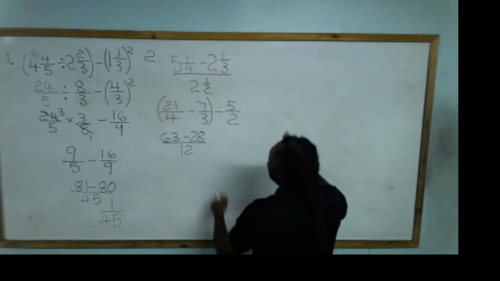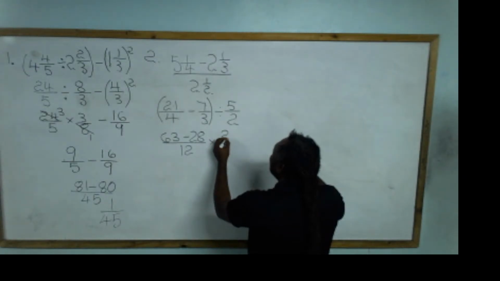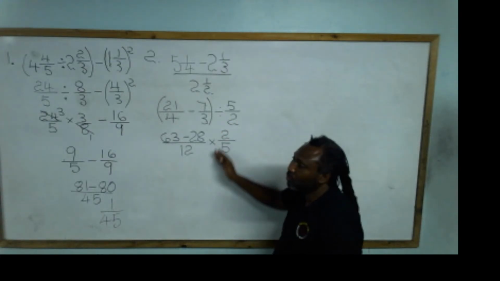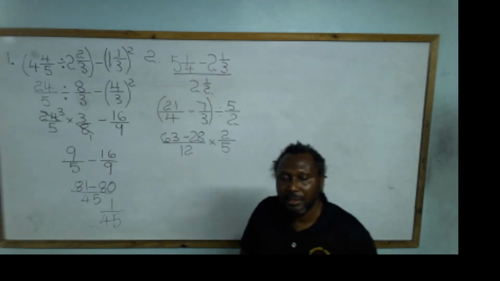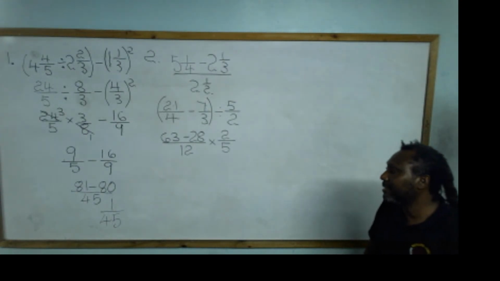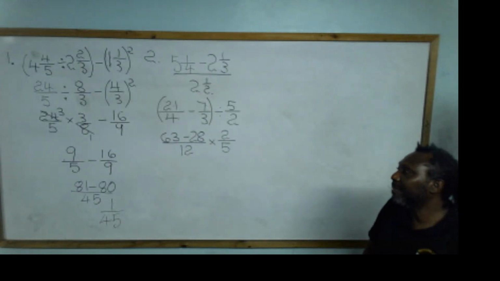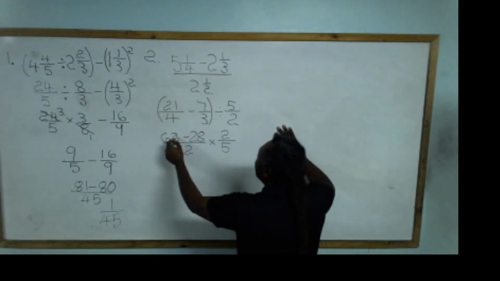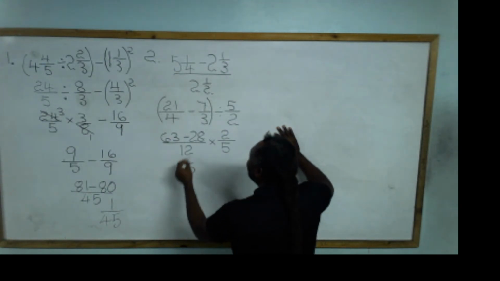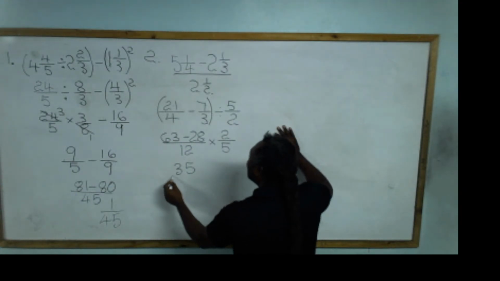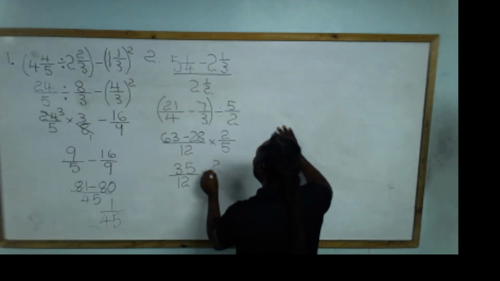And of course, we're going to multiply by 2 over 5 because we are dividing, so we multiply by the reciprocal of the denominator. And of course, we're going to subtract. 63 minus 28. So it's going to be 8 from 13 is 5, and it's going to be 2 from 5. So when we do that subtraction, we're going to get 35 over 12 to be multiplied by 2 over 5.